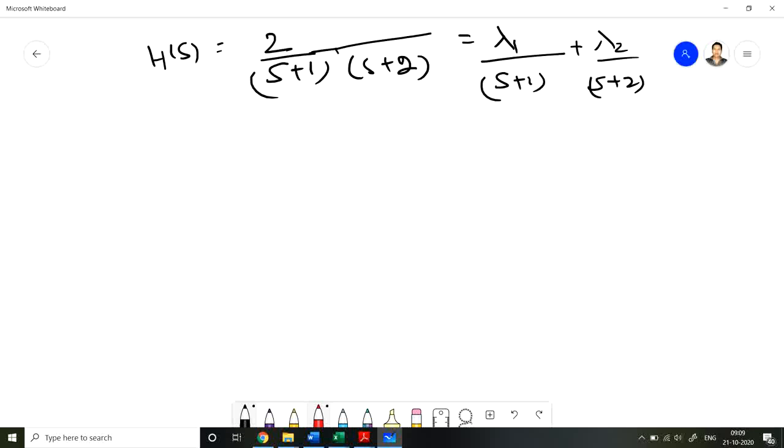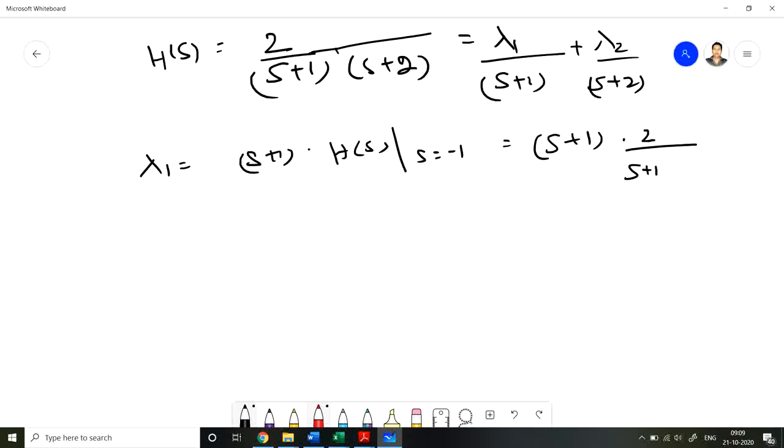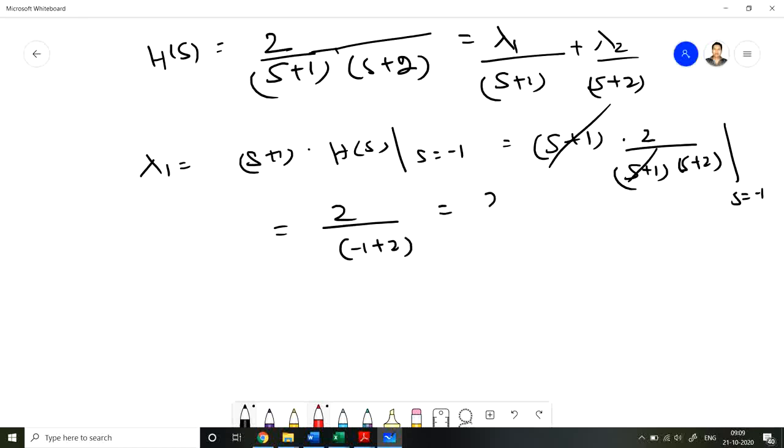So what is lambda 1? Lambda 1 is (s plus 1) multiplied by H(s), evaluated at s equals minus 1. So it is 2 divided by minus 1 plus 2, which equals 2.